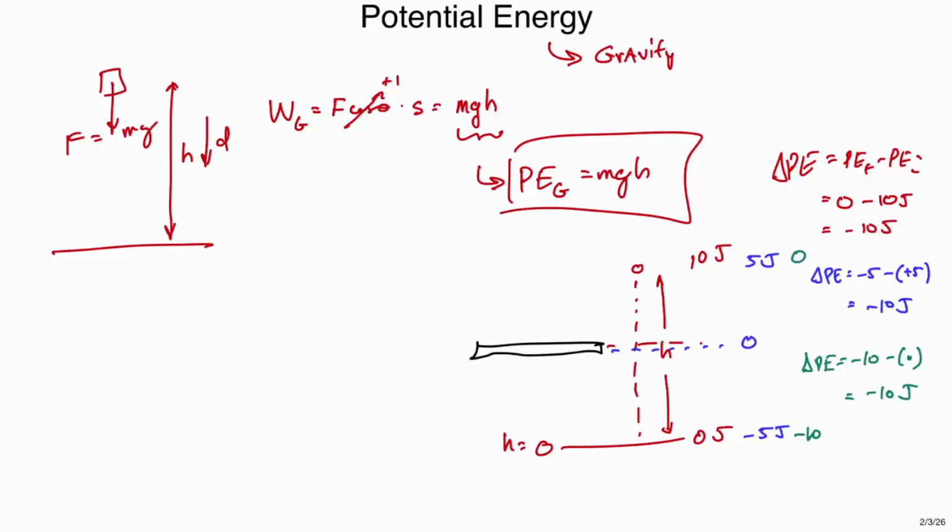This is something that will come back in physics 2B, but work and changes in potential energy are always opposites of each other. If your change in potential energy was positive, then negative work was done, and vice versa. If positive work is done, then there was a negative change in potential energy. Not my fault. Take it up with the maker.